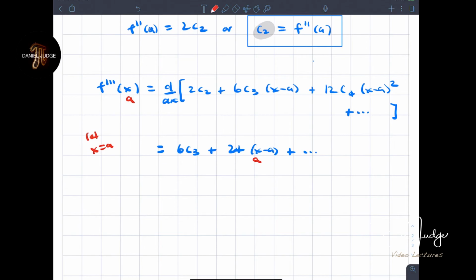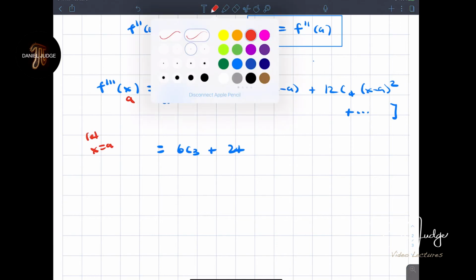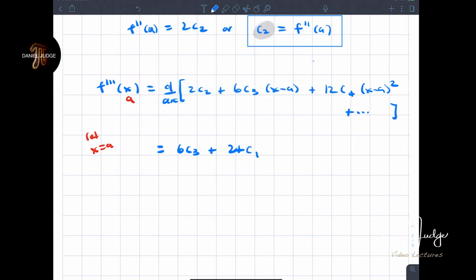Maybe I'll write down the next term. I think we need a constant here. Yeah, we have a constant, by the way. I'm going to write down the next term, but I'm going to put a constant. Let's remind that constant here, c4 is still there. And so you have an x minus a when you differentiate, plus this is going to be 60 c5 x minus a squared, and so on.